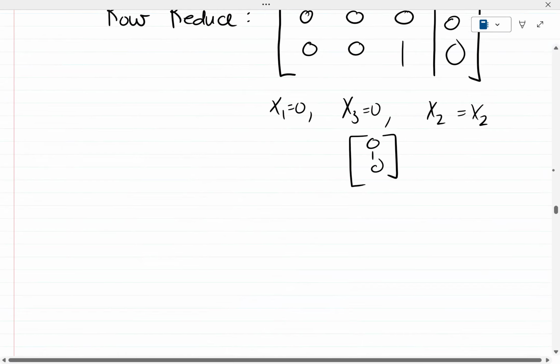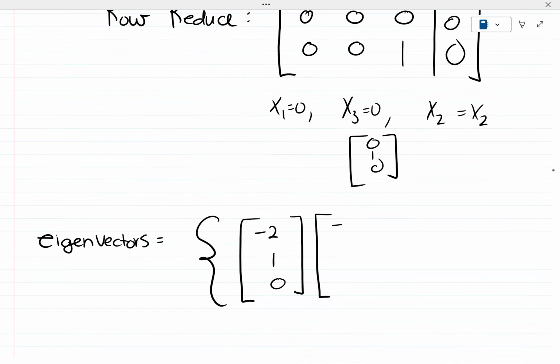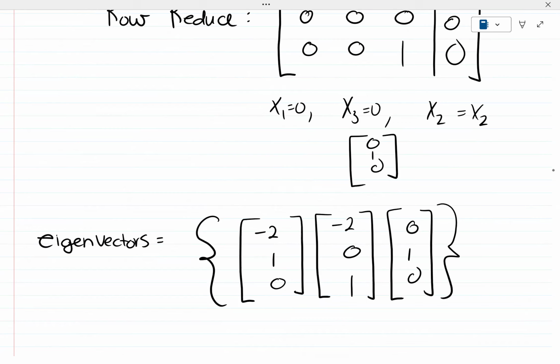Okay, so my eigenvectors are -2, 1, 0, -2, 0, 1, and then 0, 1, 0. Okay, so I found my eigenvectors.